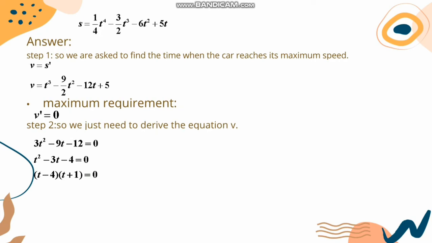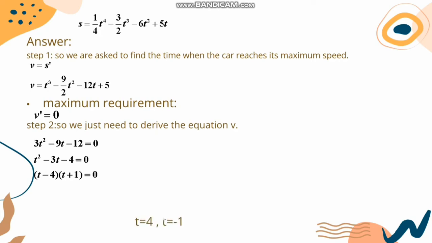0. We like factoring to find the value of t, but because we can divide by 3, we divide by 3 first. Then we get t squared minus 3t minus 4 equal to 0. We factor and get (t minus 4)(t plus 1) equal to 0.